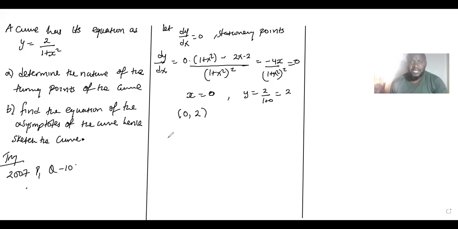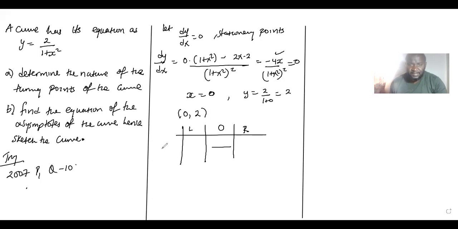If it is one turning point, we need to investigate its nature, because the question wanted its nature. So go back to the neighborhood technique. This is 0, left of 0, right of 0. This is a constant. On the left of 0, dy dx, when you substitute, I told you don't bother with the denominator, investigate the numerator.